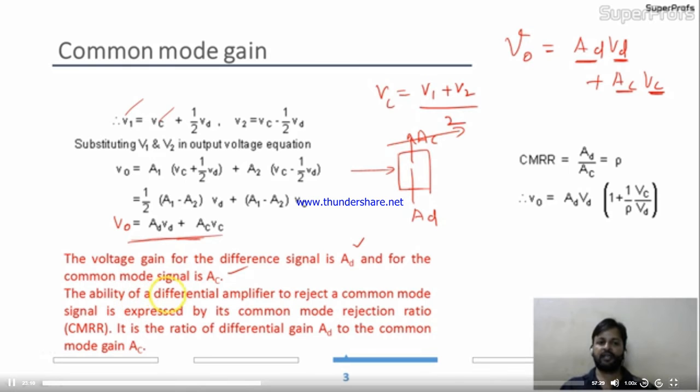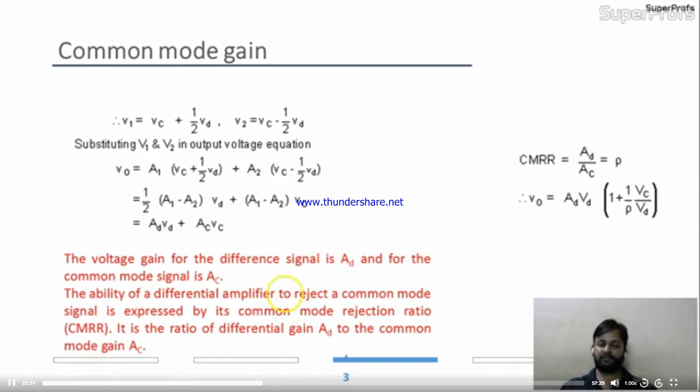The ability of a differential amplifier to reject a common mode signal is expressed by its common mode rejection ratio. Here is the beauty of the differential amplifier. Suppose the same amount of undesirable pickup, X, is coming at input V1 and at V2.